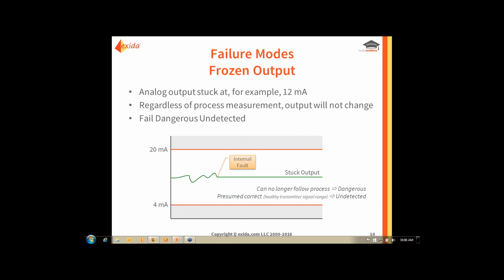On a failure mode effect and diagnostic analysis report, you typically don't see a failure mode of fail frozen. You typically see a fail dangerous undetected failure mode, because these failures are dangerous undetected. An example could be an output bit on the microprocessor being stuck. It doesn't matter what the sensing element does, the output will always be frozen at, let's say, 12 milliamps.